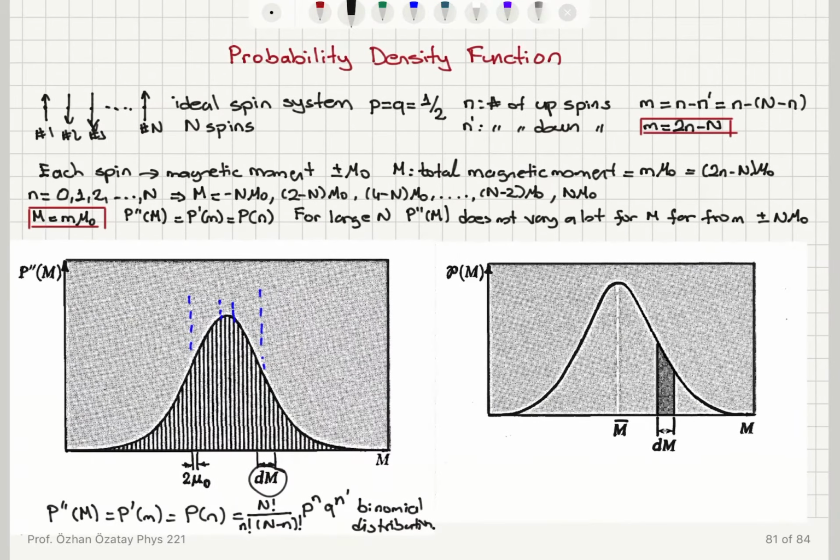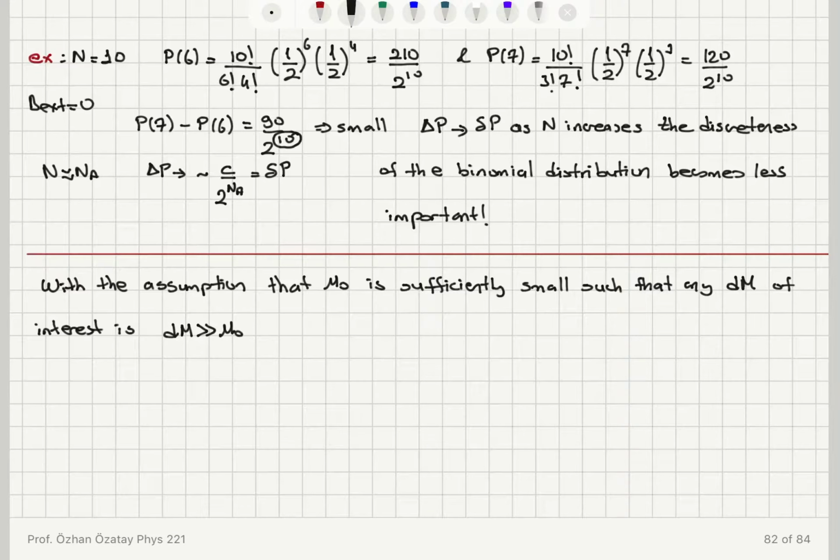So basically you will remember that the difference between m values is given by 2 mu 0 here. So it's discrete in units of 2 mu 0, and therefore any range that I pick must be much greater than mu 0, so that the discreteness is not important.